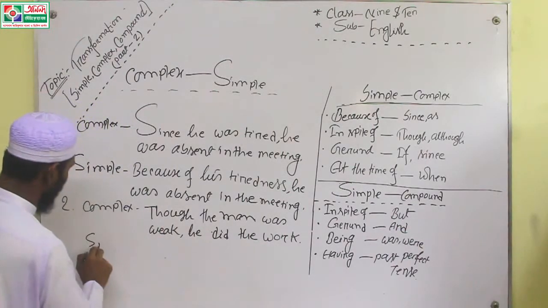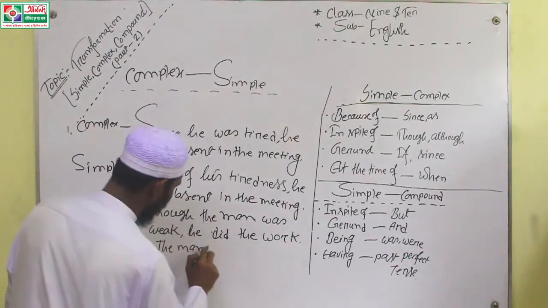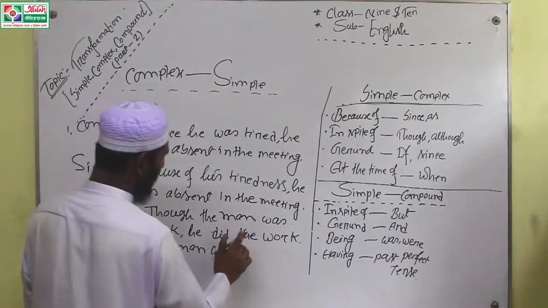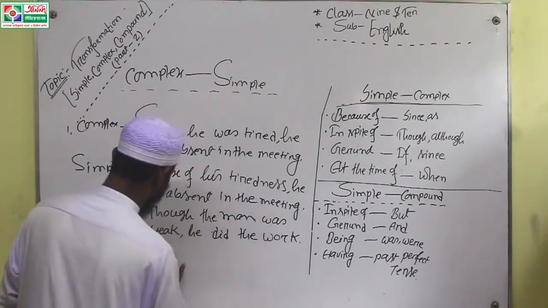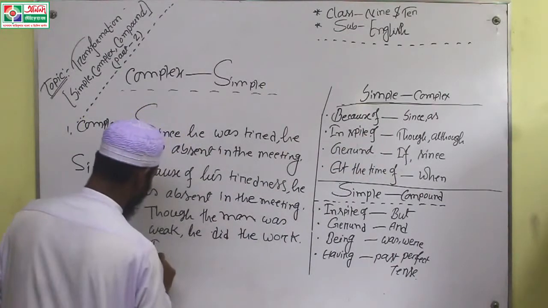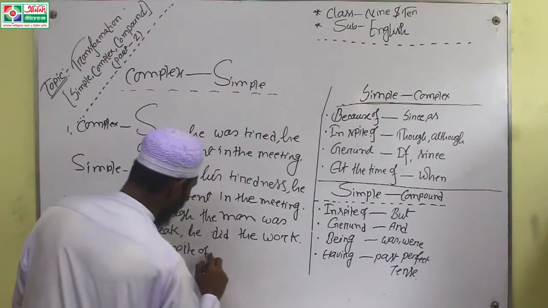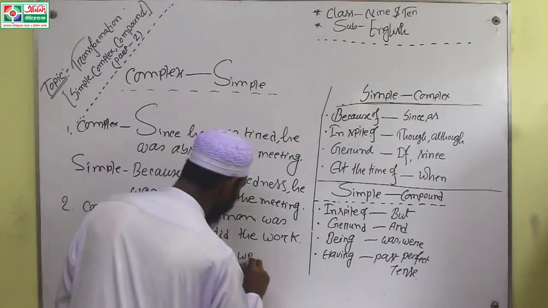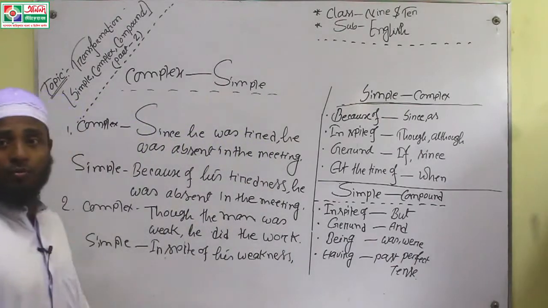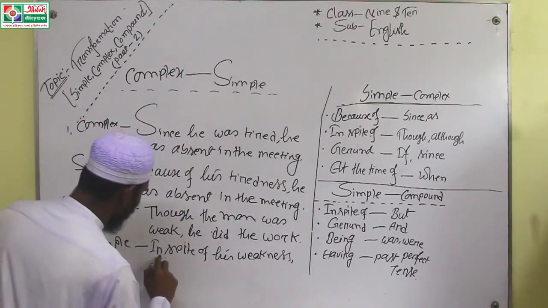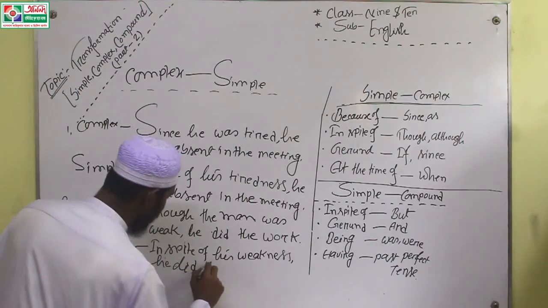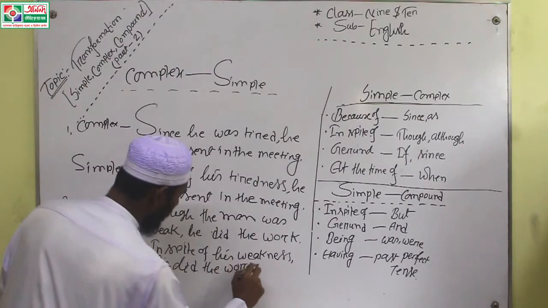Okay, in the simple sentence, the man was will be dropped, because this is past indefinite tense. If you find though, it will be in spite of his weakness. Weakness is a noun. In spite of his weakness, he did the work.